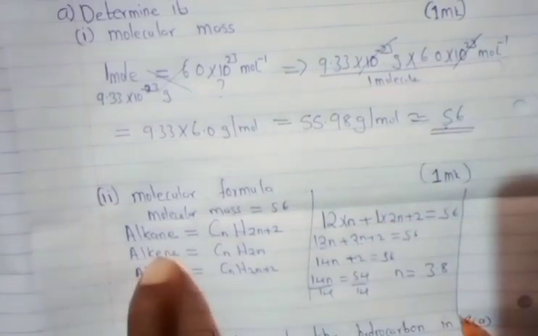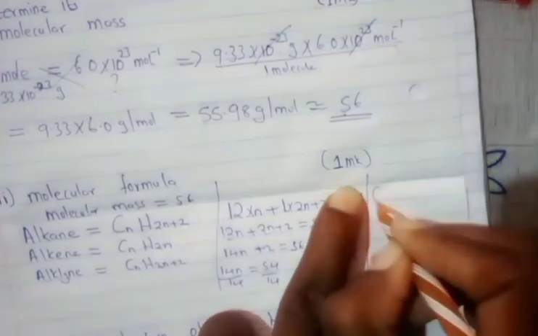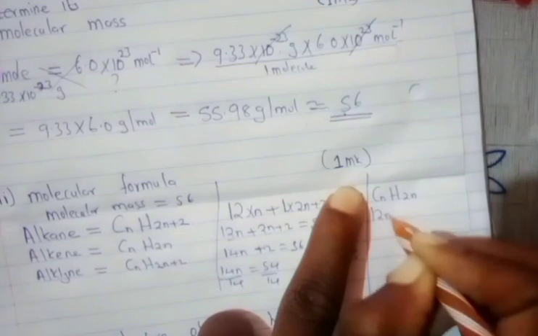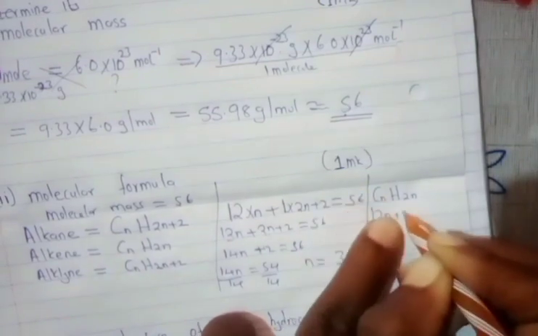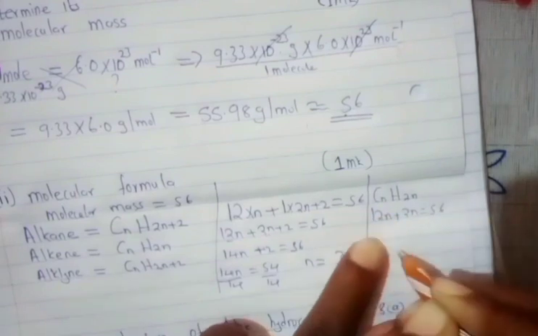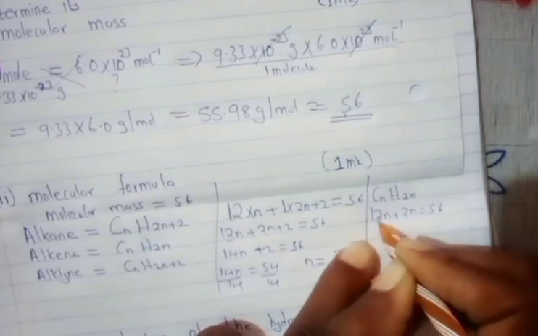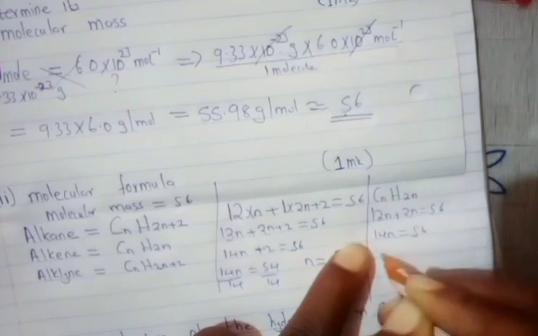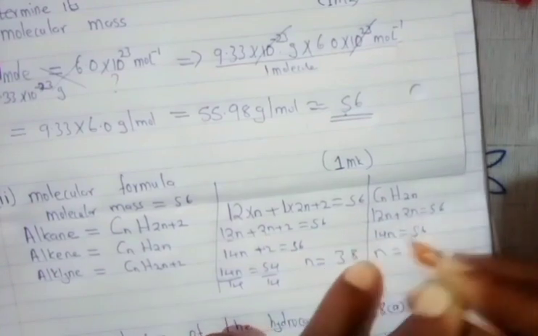Let's go to the second one, alkene. We know alkene is CnH2n and carbon is 12, so it's 12n plus hydrogen is 1 multiplied by 2n, that is 2n, is equal to 56. So 12n plus 2n, that is 14n is equal to 56. So n is equal to 56 divided by 14.